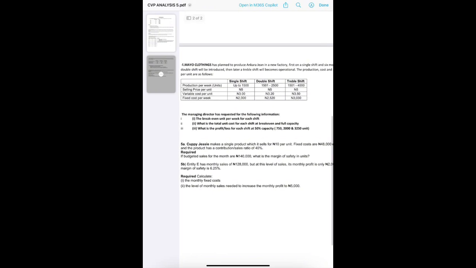Then the double shift: the highest value here is 2500 units produced, but they are saying half of it should be 2000. So you work with what the examiner is giving you. And for treble, we say it's 3250 units.